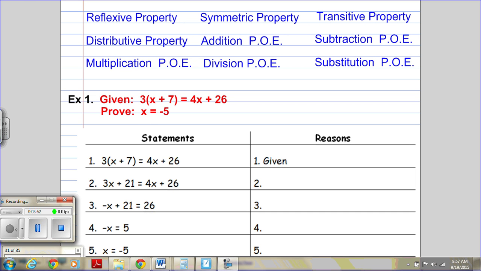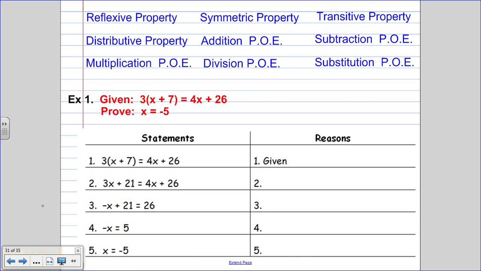So the first statement on the left side of a two-column proof: statements go on the left, reasons go on the right, always, always, always. The statements are basically your work section, and the reasons are your justifications for your work. So the first statement will always be your given information: 3 times (x plus 7) is equal to 4x plus 26.